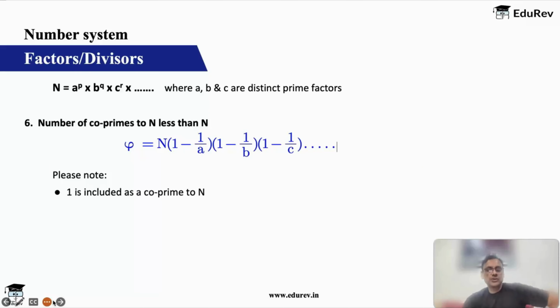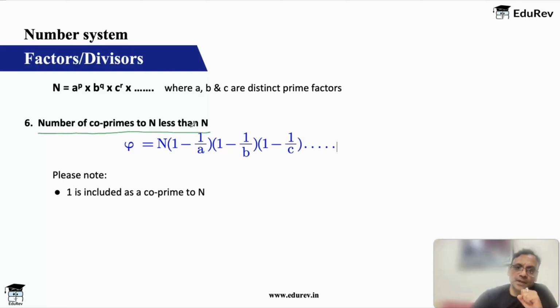Okay, let's look at the sixth formula, number of co-primes. Now this is something very important and is useful in a lot of other questions also. Number of co-primes to n less than n. How do I find that? I'll take a small number to show this to you. Let's say my number is 24. Now 24 is nothing but 2 cube into 3.